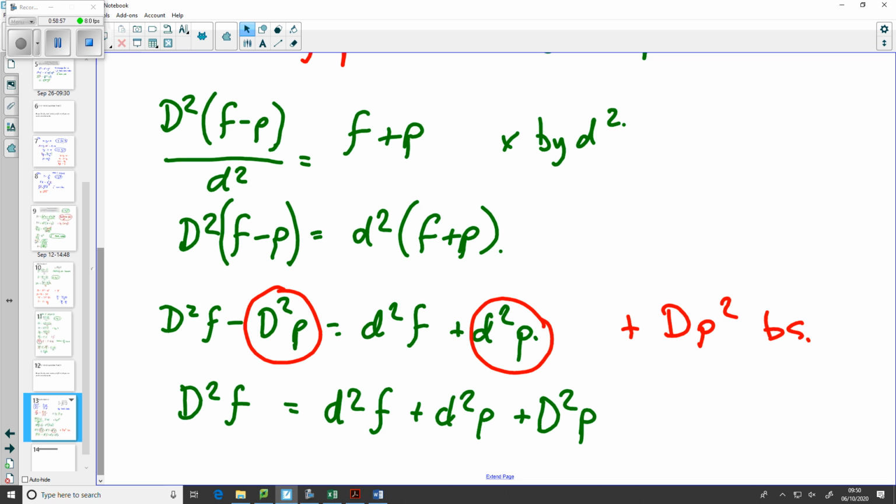Yep, so we're going to subtract little d squared f.